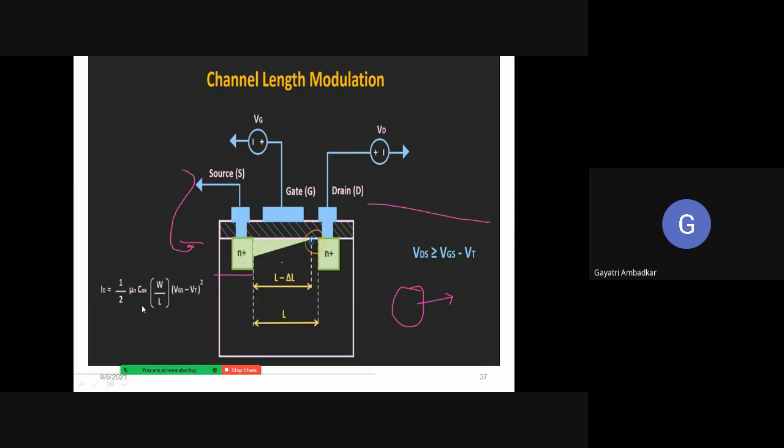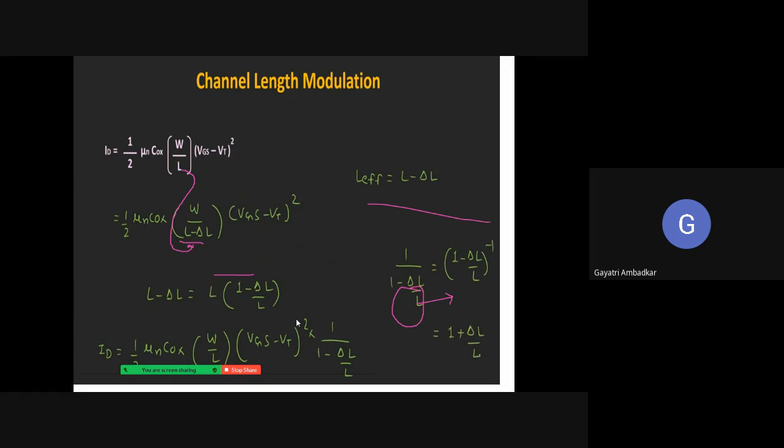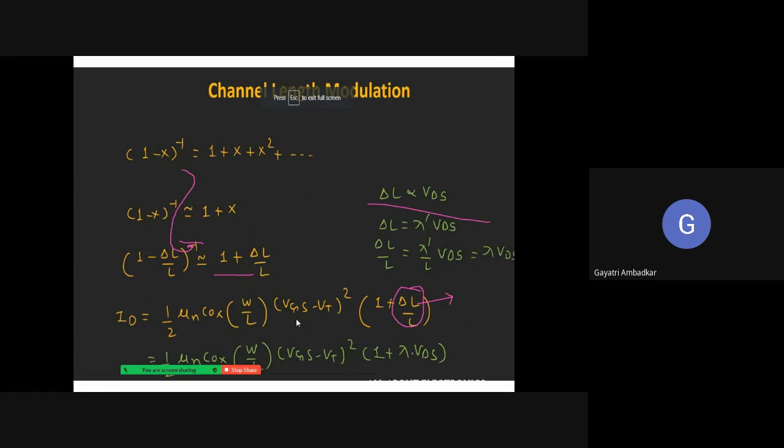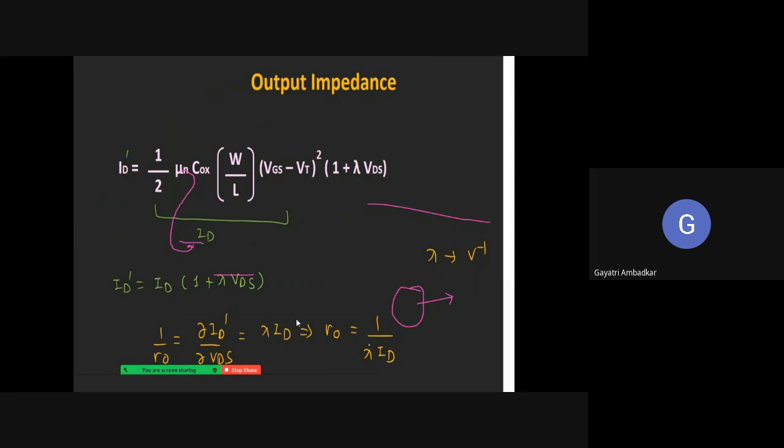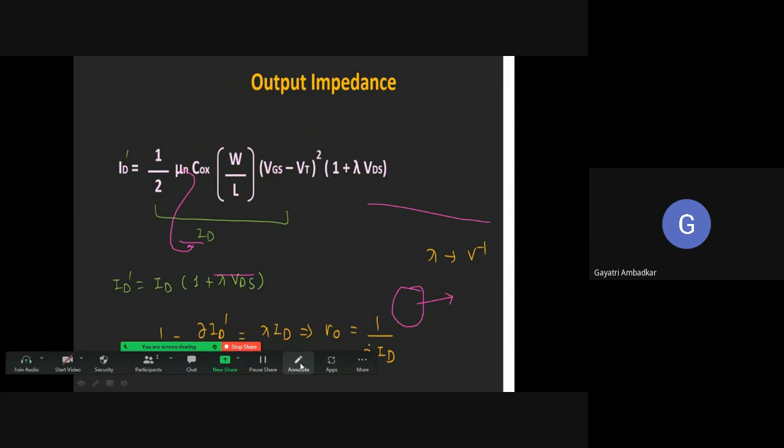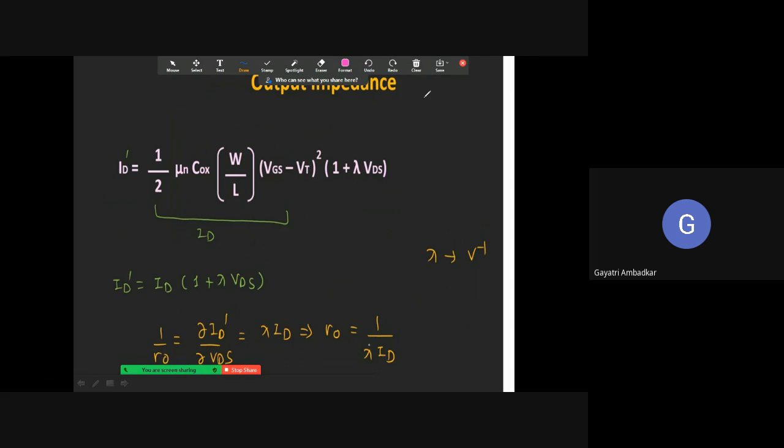In short, I wish to tell you that the current in the saturation region is given by this equation, that is ID equal to K times (VGS minus VT) squared. But this K is dependent on length also. So when you are increasing VDS, the pinch off point gets shifted here. It means the total length of the channel is also changing, right? Therefore, the current does not remain the same as what we have written, but it becomes a function of a parameter called lambda, which is known as channel length modulation.